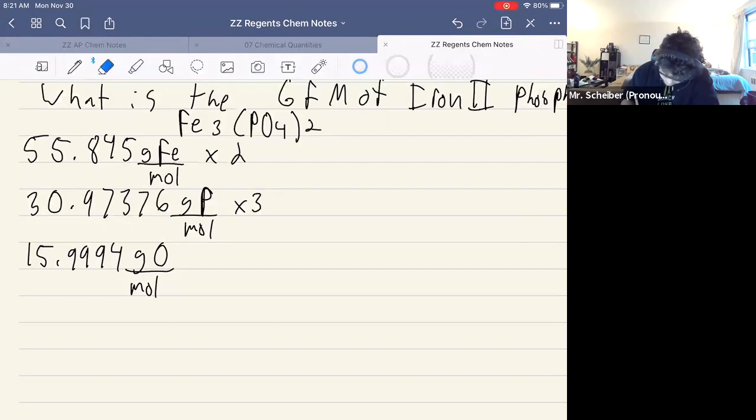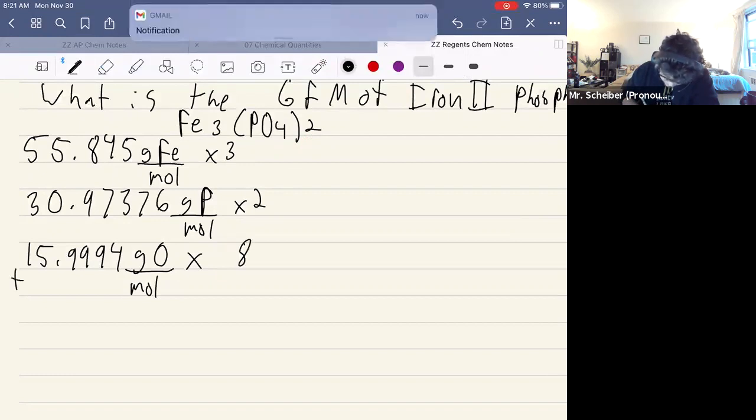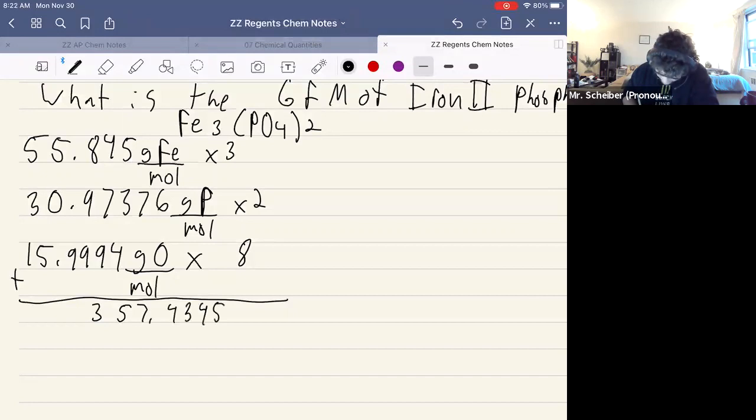That should be a 2 because of the crisscross rule. So that's times 8. And then when you add this all up, you get 357.4345 grams per mole. And that is how you figure out the molar mass of anything.